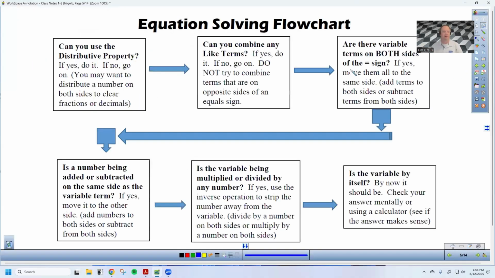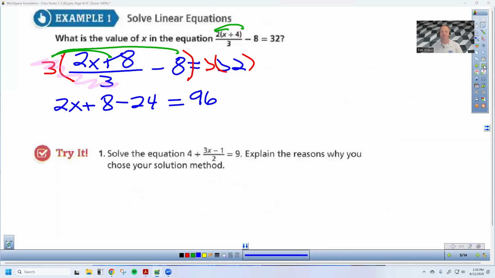We've done the distributive property, kind of used it double duty. Now let's go to the next box. Can we combine any like terms? The answer is yes. I see a positive 8 and a negative 24. I can combine those like terms to get a negative 16.